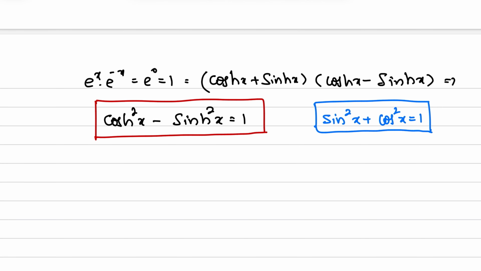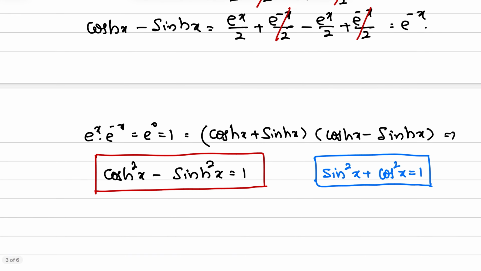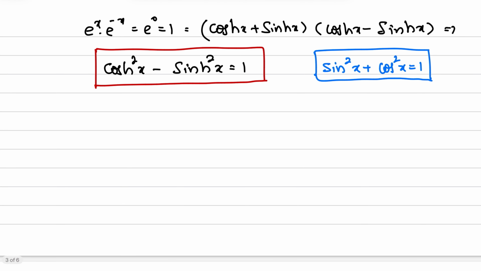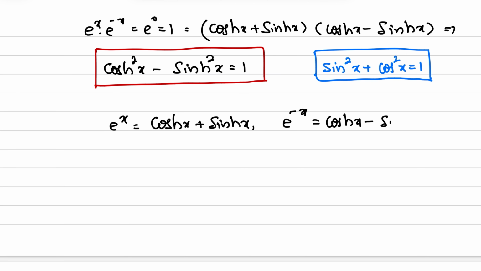Now, e to the power of x we have already defined: e to the power of x is equal to cos hyperbolic x plus sin hyperbolic x, and e to the power of minus x is equal to cos hyperbolic x minus sin hyperbolic x. These two are also very important values to be remembered.